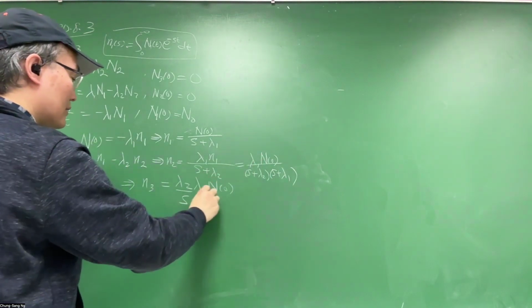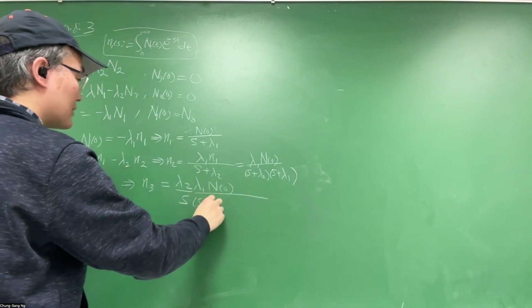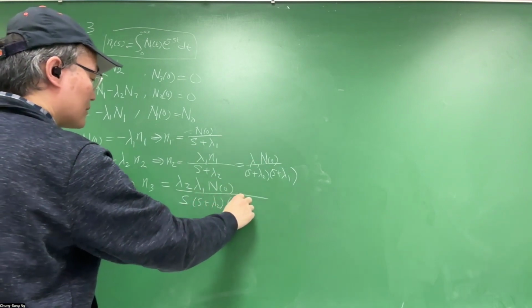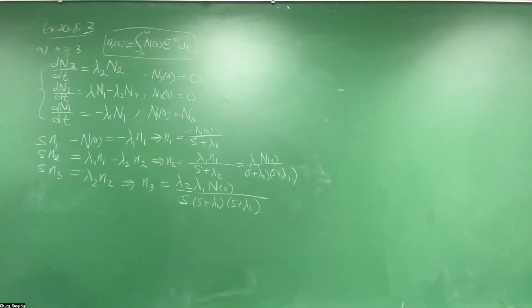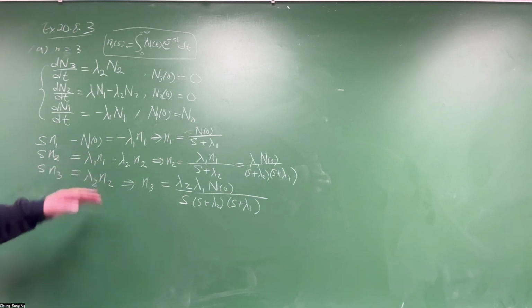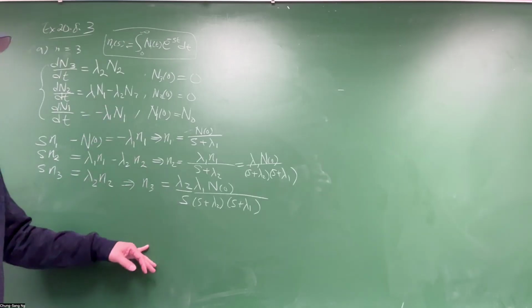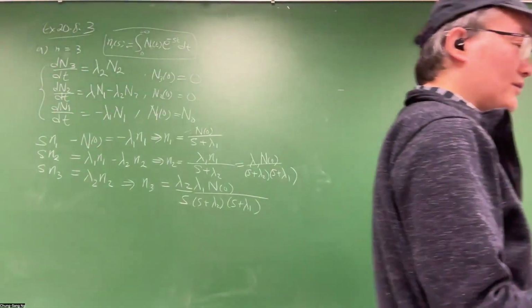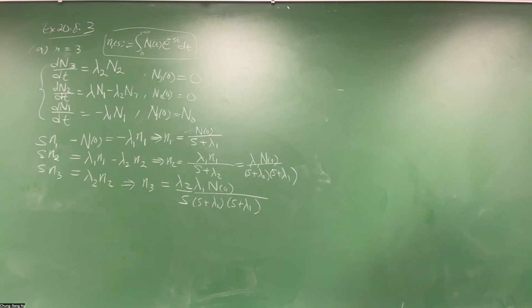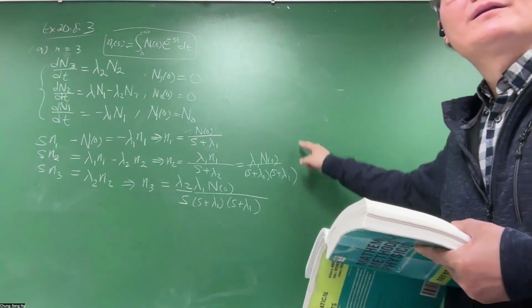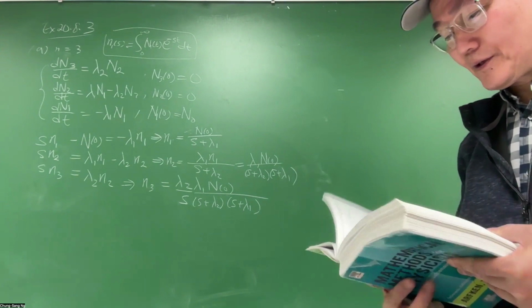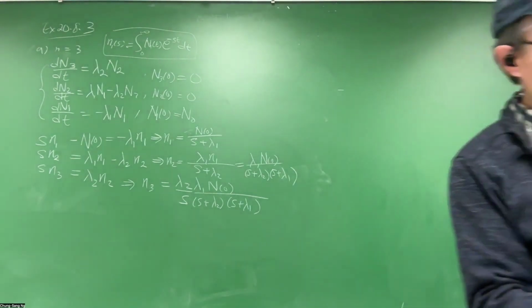Let's see. Plus lambda 2, plus lambda 1. Right? Now you have all the transform. The way to do it is to look up the inverse transform, right? And it's okay, up to here. Okay, so look up the inverse transform.